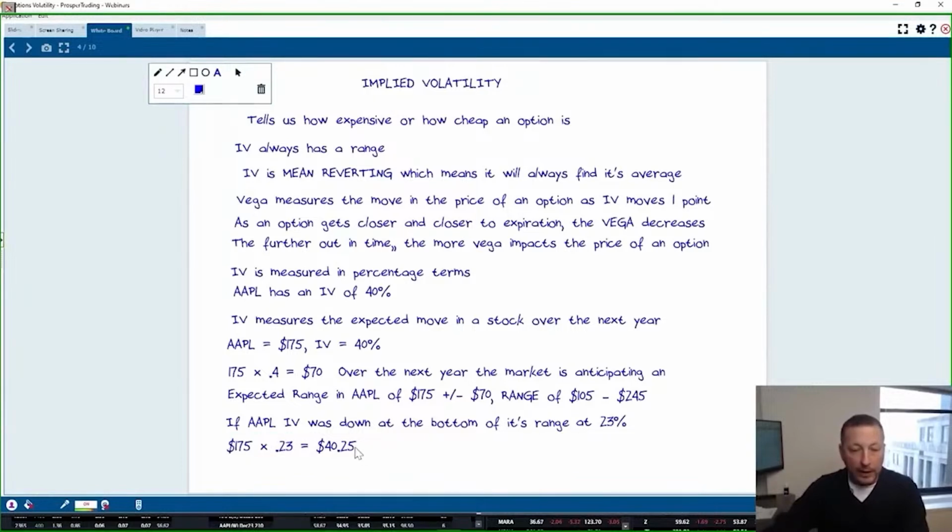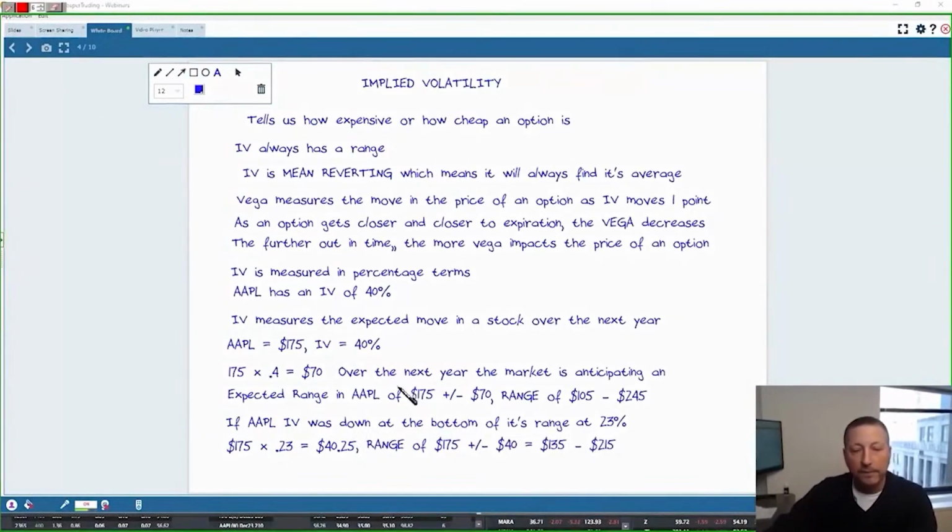Or a range of, again, 175 plus or minus 40-ish, we're just going to round that off right now, which equals a range of 135 up to 215.